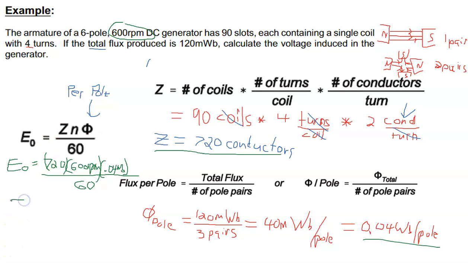And so that calculation has given us a voltage induced in the armature of that generator of 288 volts.